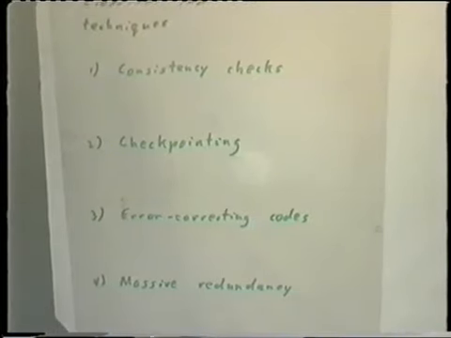There are also error correcting codes, where you can protect data stored in memory by just adding a few extra check bits and have very small probability of ever finding an error. There's checkpointing, where you write down the state of the system, and then if something goes wrong after you've written it down, you can recover. And there are consistency checks, where you just make sure that the state of your computer is a reasonable state. It's not an impossible state.